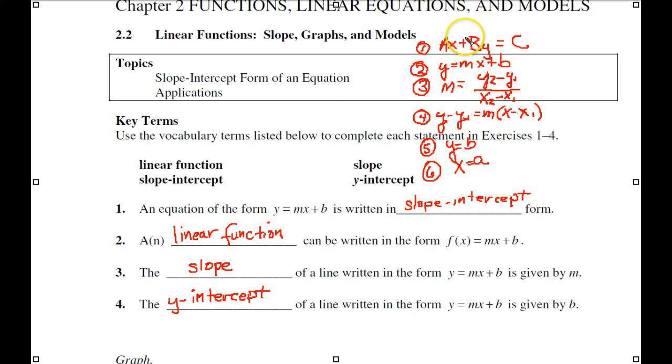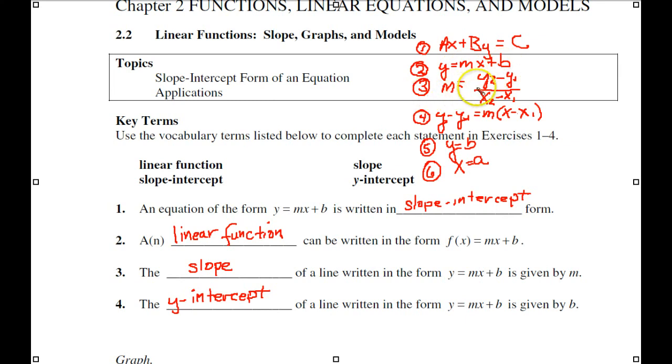And through the course, particularly chapter 2, we'll be adding a few more. But I like to refer to these as equation 1, standard form of the linear equation in 2 variables, x and y. Equation 2, slope-intercept form, and you'll see why it's called that in a few moments.